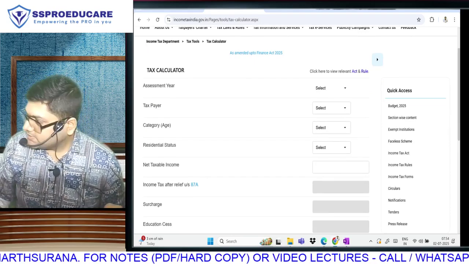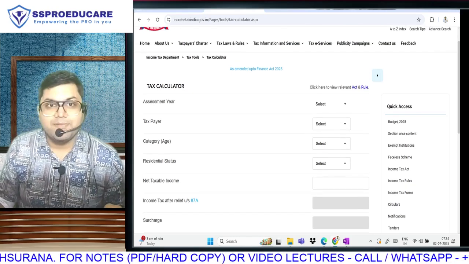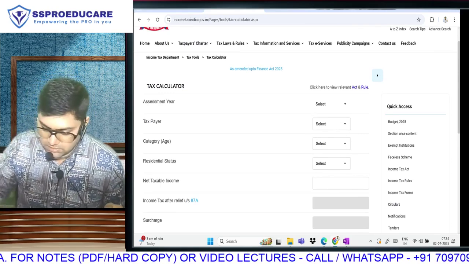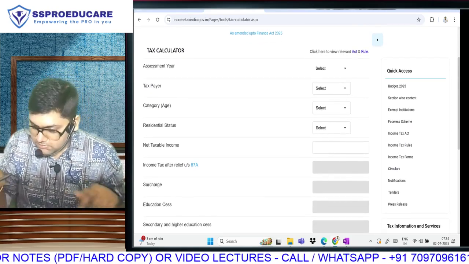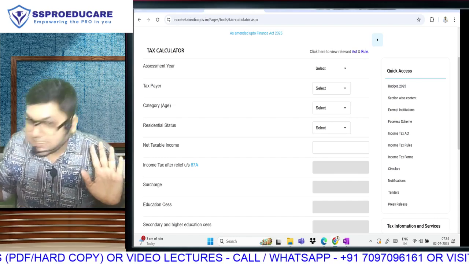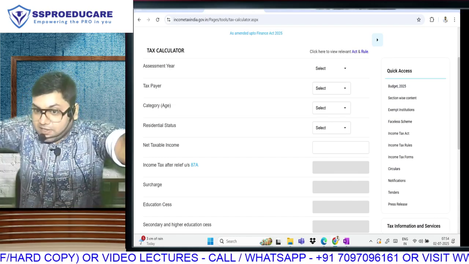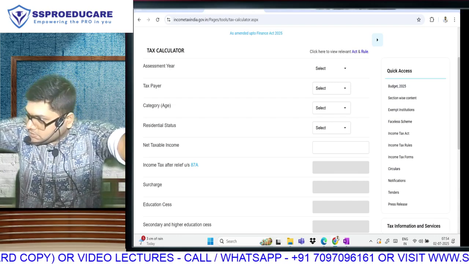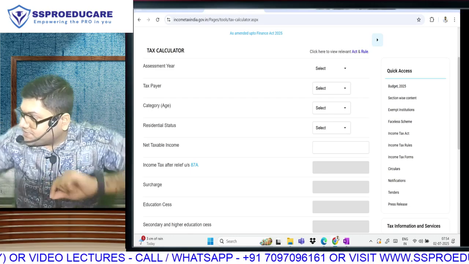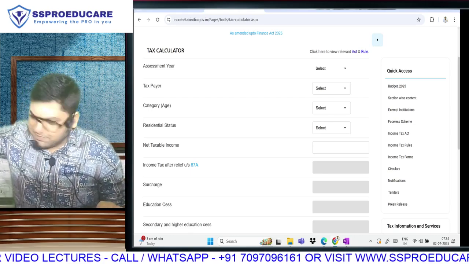Choose this data, and this is, if you observe, as amended as per Finance Act 25. Visible hai na? My tab is internet connected, so we are actually checking what the income tax website is telling us. So ek baar ke liye it will become clear all the WhatsApp forwards that you are coming across, all the budget PDFs, latest updates, changes in the budget, everything will become clear.